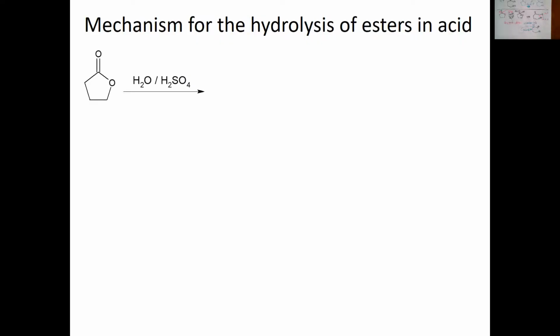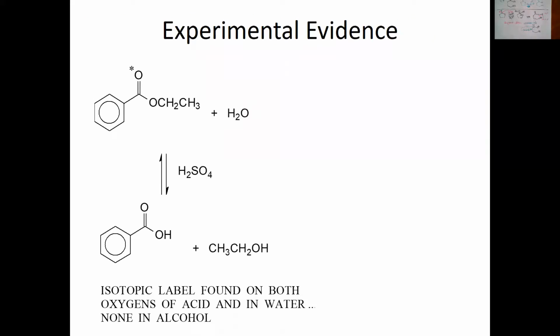So we drew the mechanism for hydrolysis of an ester in acid, but we did not talk about this. This is related to what we said a couple days ago with the experimental evidence to prove that the mechanism is as we say it is. If you isotopically labeled this carbon up here and went through our entire process, as it turns out, in the end of this reaction, the O18, the isotopic label on oxygen, is found in both oxygens of the carboxylic acid as well as in water.